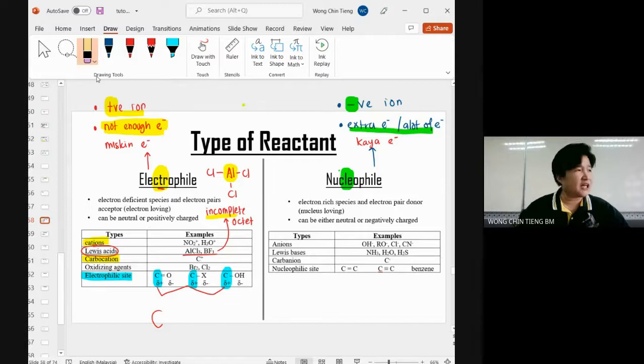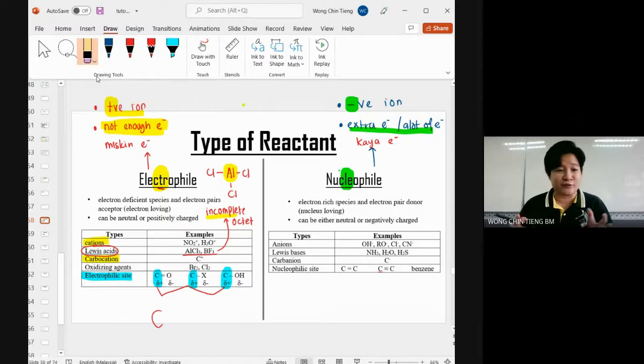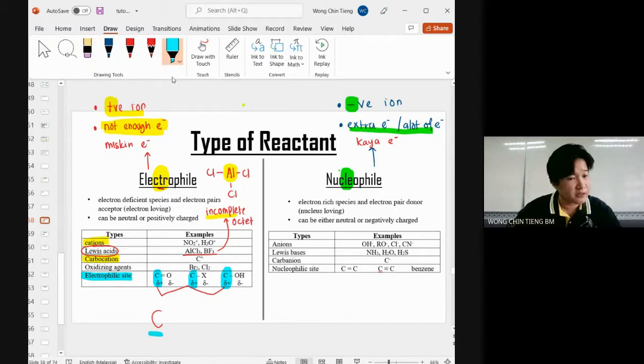No. If Miss Wong is by herself, you wouldn't realize how short I am until I stand next to someone tall here. Michael Jordan. Alright. You don't need to stand next to Michael Jordan, you're short anyway, Miss Wong. So, you need a comparison, then only you can show another property. When you have carbon sitting by itself, I won't say my carbon is positive, right? But when my carbon sits next to oxygen, oh, different story.